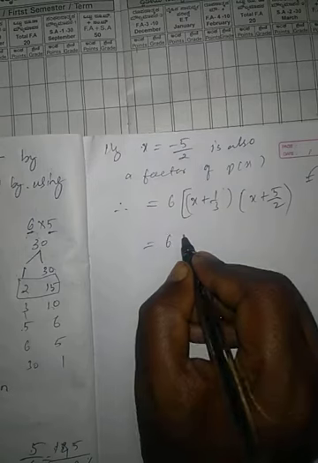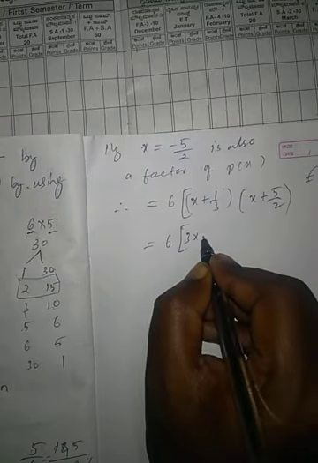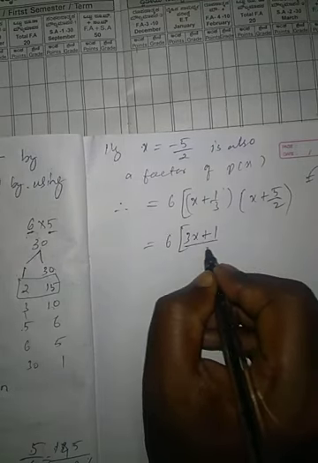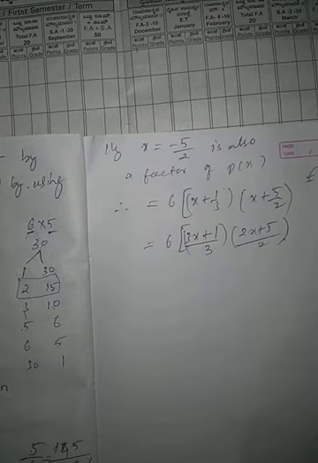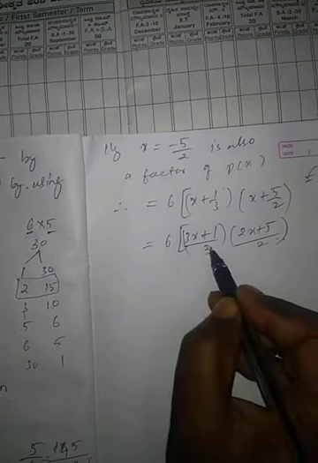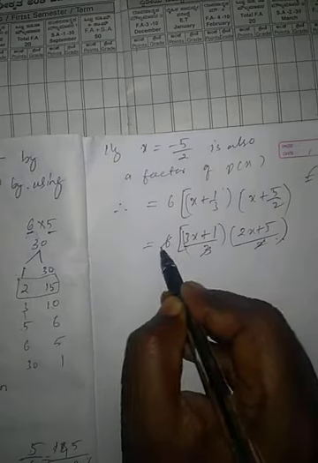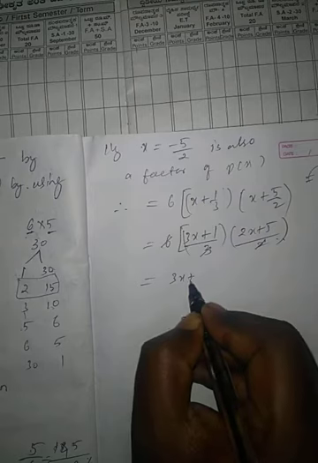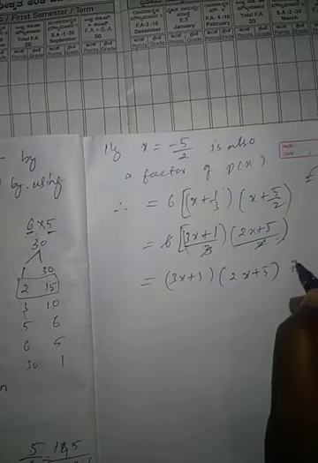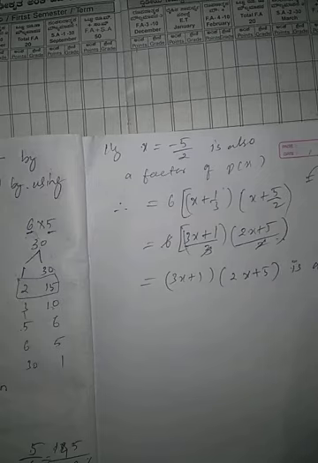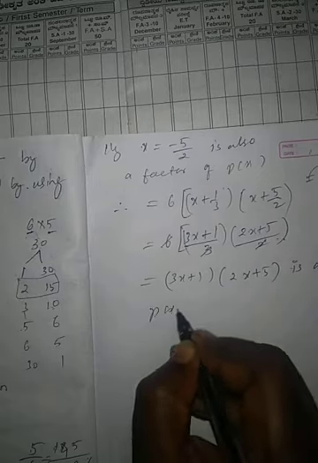So it is equal to 6 into 3x plus 1 divided by 3 into 2x plus 5 divided by 2. So both are factors of p of x. See, 3 into 2 is 6, cancelled by 6, so 3x plus 1 into 2x plus 5 is a factor of p of x.